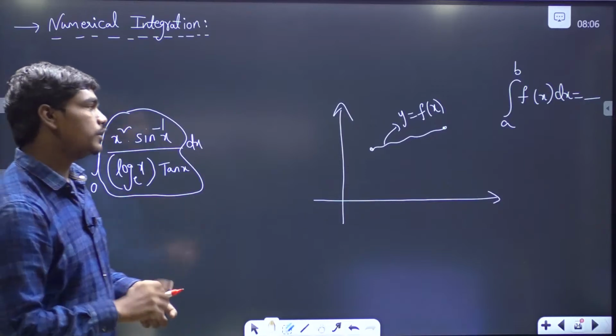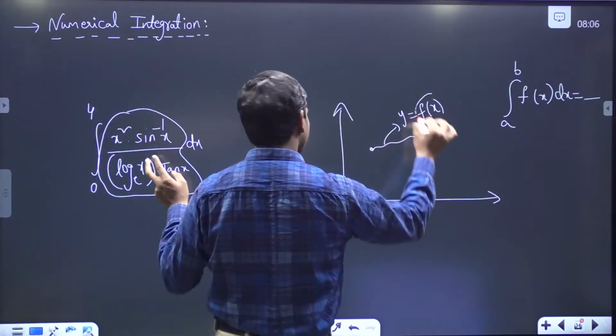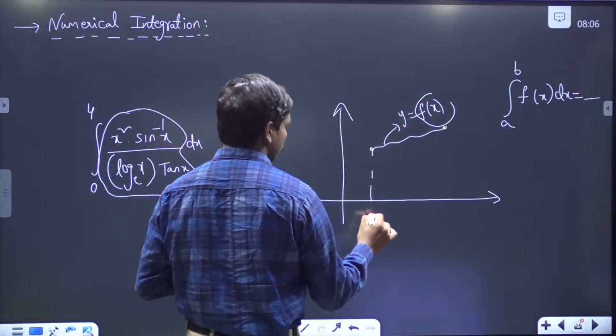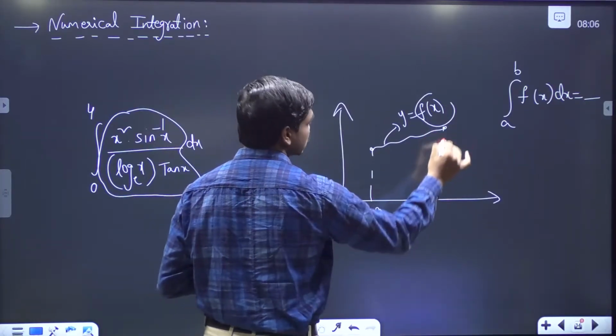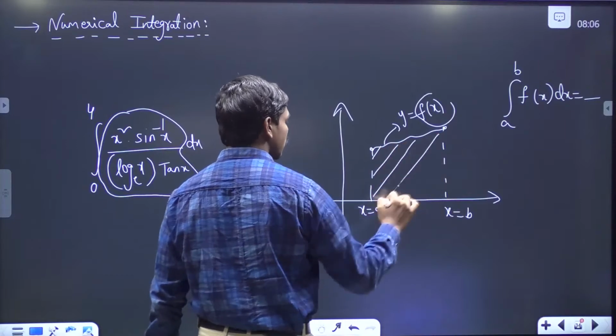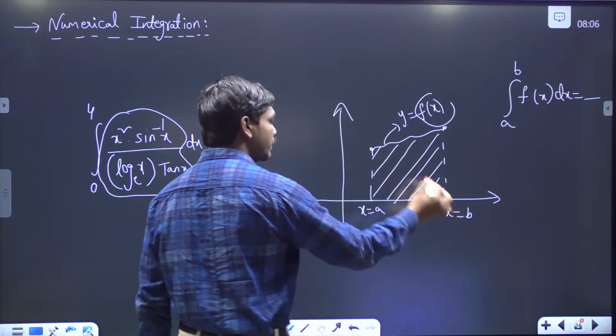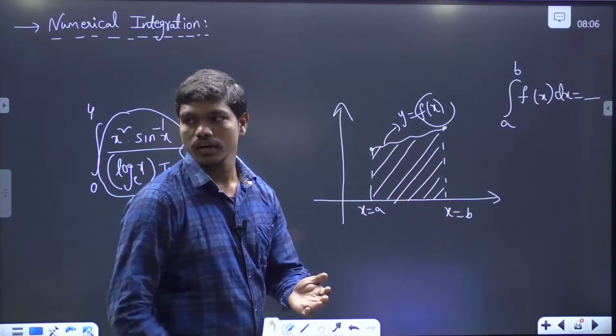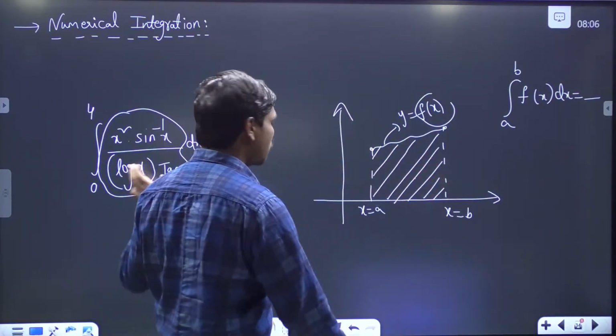But now, if this is the equation of the curve, and these are the points x = a to x = b, then geometrically this is the area, correct? If we can develop some technique to find this area geometrically, then this area is the same as the value of the integral.